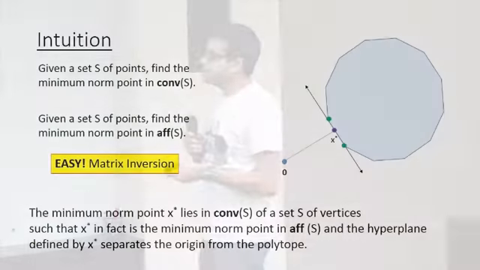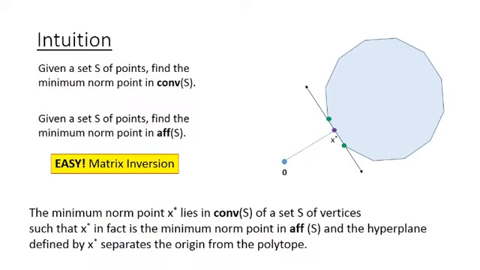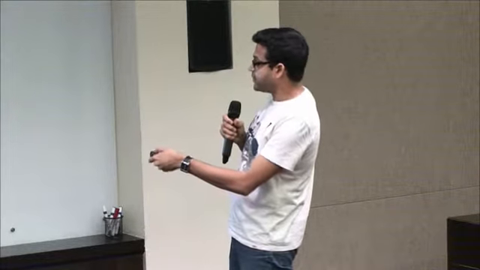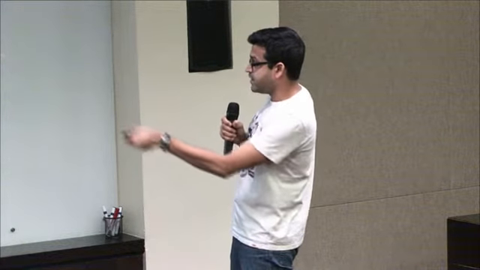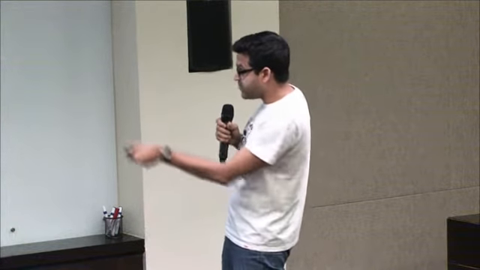Ravi, you seem disturbed. Is it not just a facet? Yeah, so it is a facet, but it is also the perpendicular. It's also the affine hull. The x star is the minimizer of the affine hull, and it's a facet. So it's just a facet containing the closest point x star. Correct. Yes.